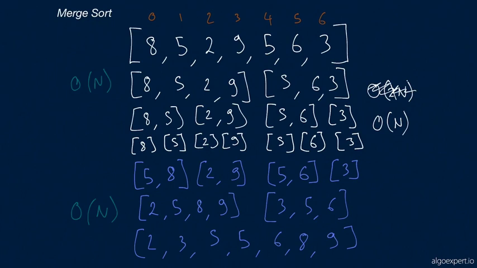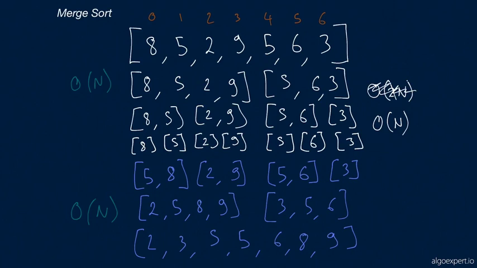But right now, we haven't accounted for the time it takes to recursively call merge sort on the two subarrays, and to actually sort them and get all the way down here before we can merge them. So let's analyze each of those two sub-calls to the merge sort algorithm.